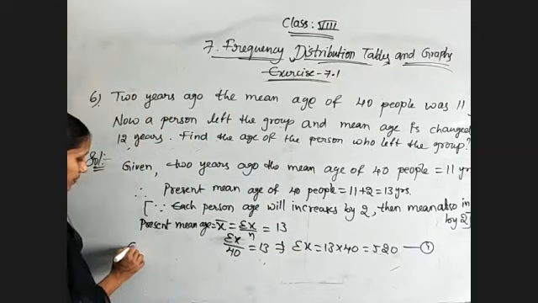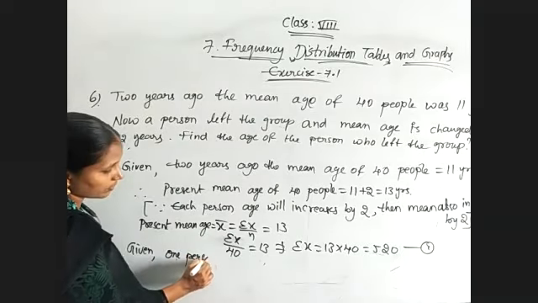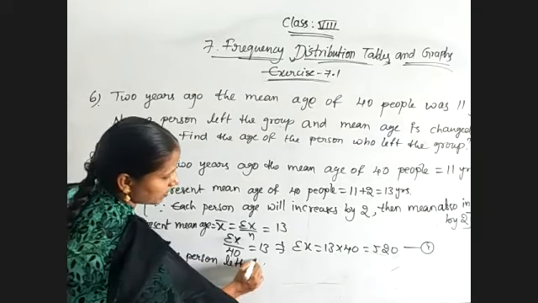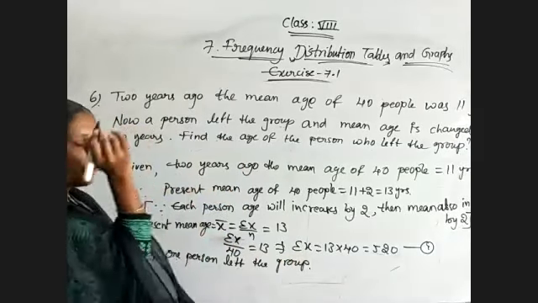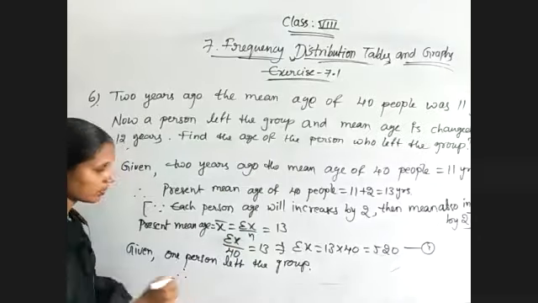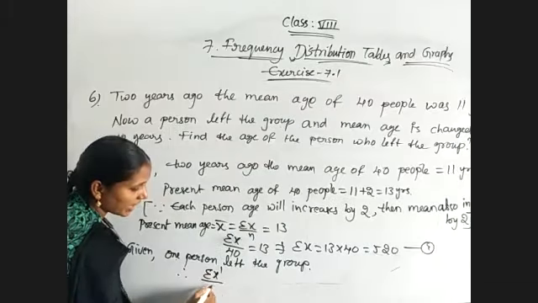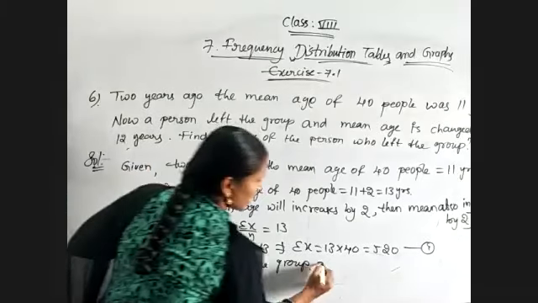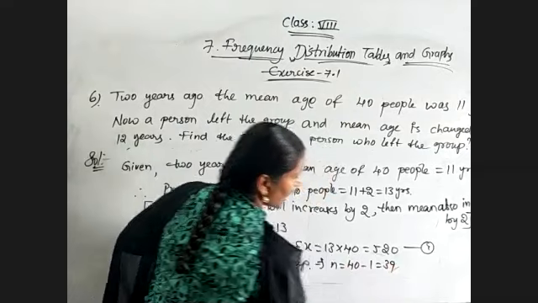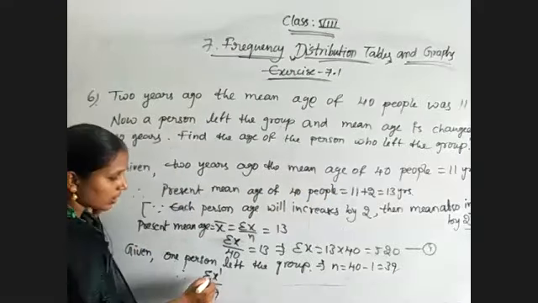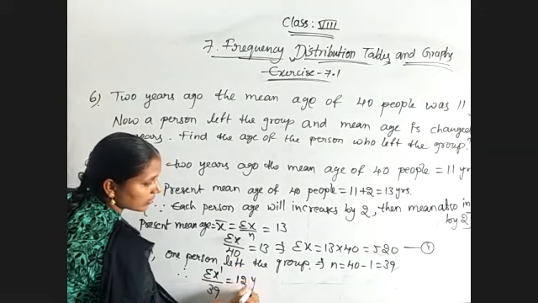And given that one person left the group, therefore the new mean will be equal to sigma x dash by 39. Here the number of people will become 40 minus 1, which is nothing but 39, and this is equal to 12 years.